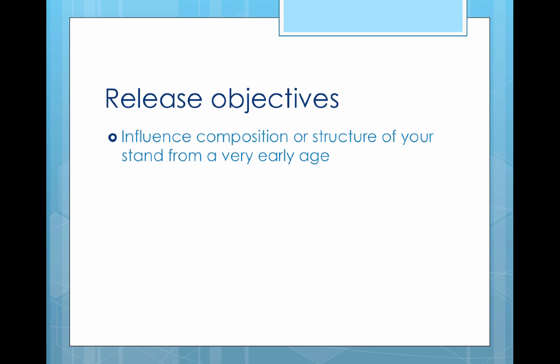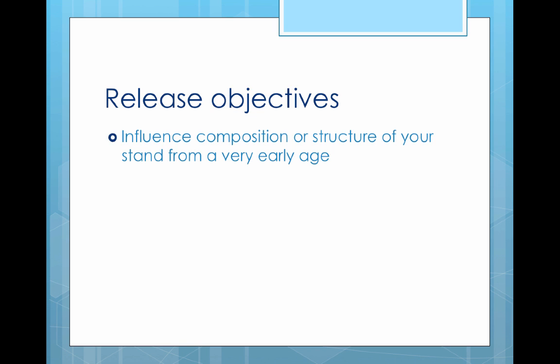So release objectives. I want you to pause the lecture and think of at least one objective for why we might use release. As we unpause the lecture, let's look at it. So for release, the broad goal is to influence composition or structure of your stand from a very early age. So those are getting at that big picture.